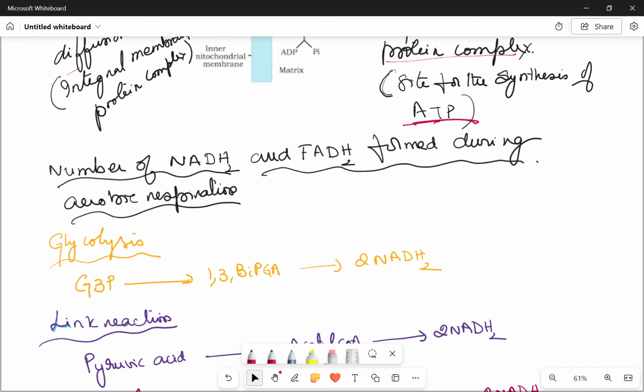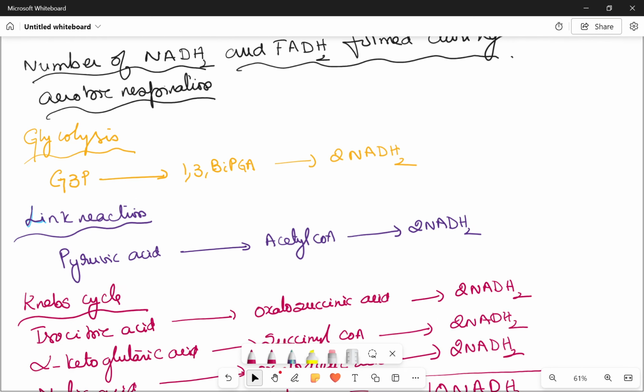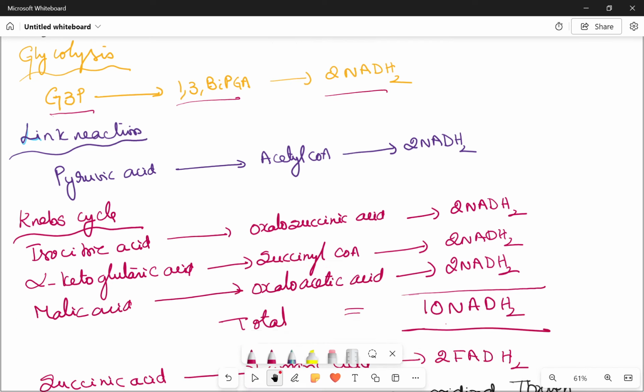Before that, we should know the number of NADH2 and FADH2 formed during aerobic respiration. We know that in glycolysis there is one oxidation reaction, glyceraldehyde 3-phosphate to 1,3-BPGA. One oxidation reaction, so 2 NADH2 are formed.